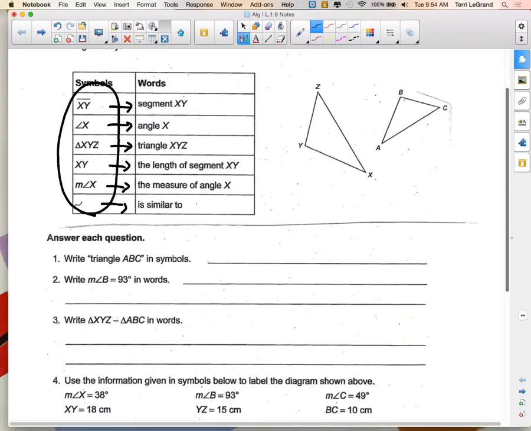The next one, where it looks like a leaning capital L in front of a capital X, we say that angle X, right? So that's referring to, if they're telling us to go refer to angle X. The next one, triangle XYZ. Of course, they just put a little triangle. Where does the XYZ come from?